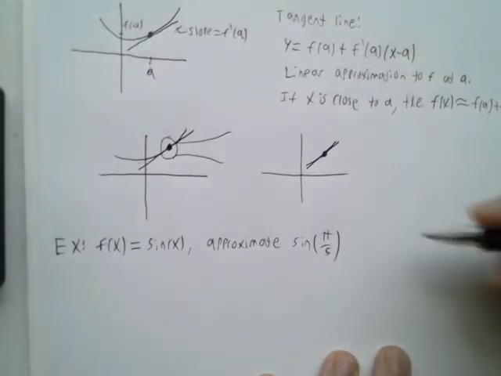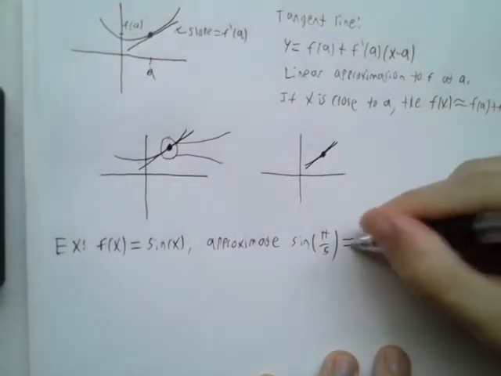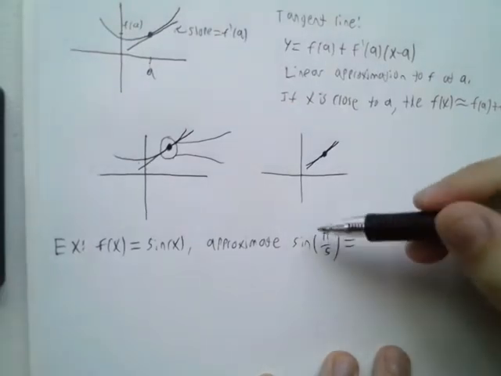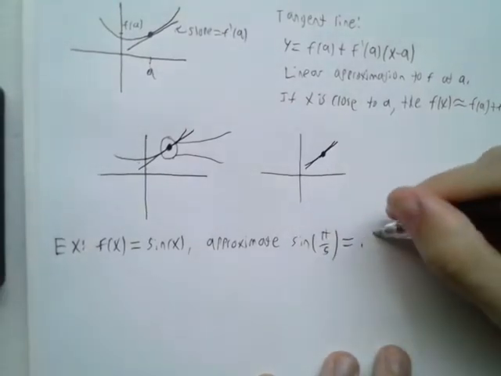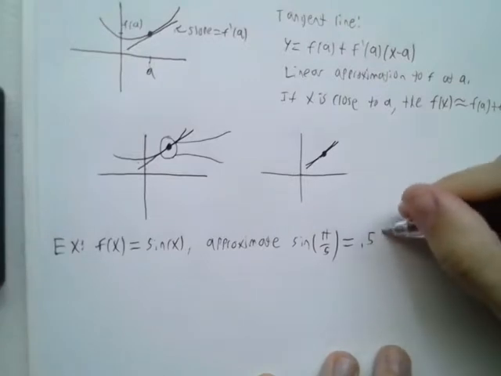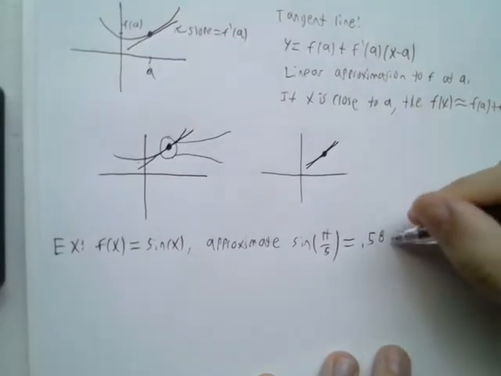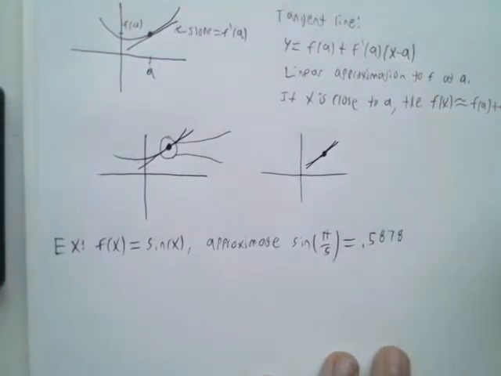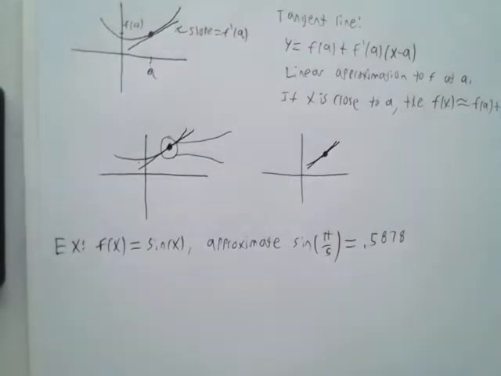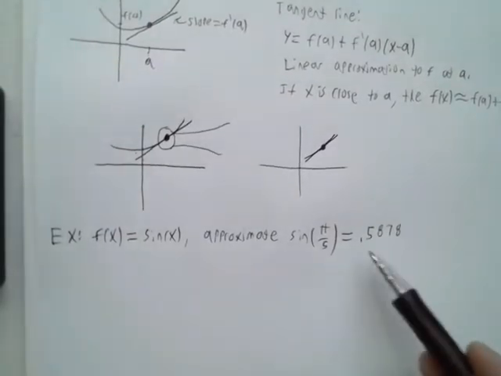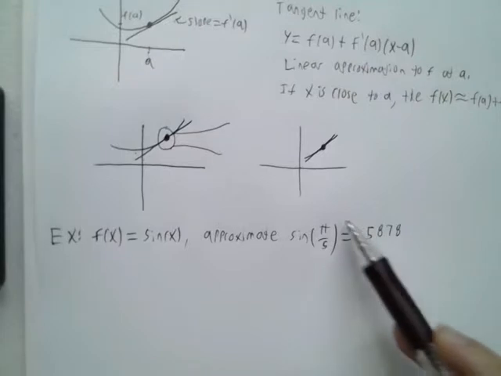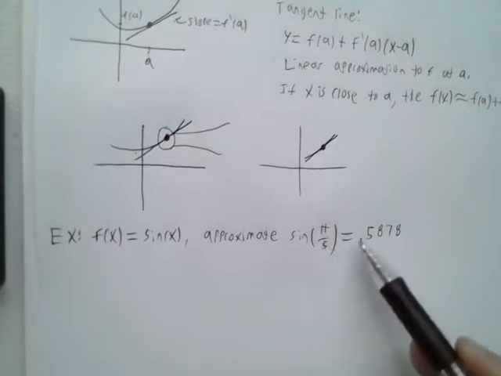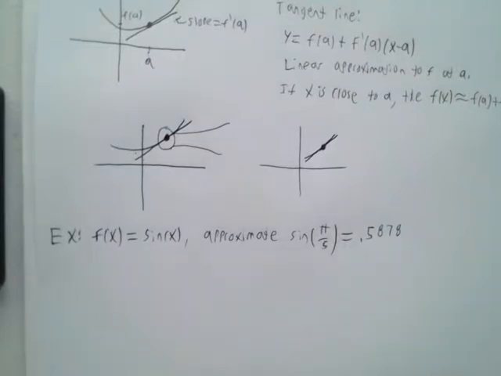Now, if you do have a calculator, you can plug in this value and find that the exact value of sine pi over 5 is 0.5878, roughly. So the question is, can we get an estimate without using our calculator, which is somewhat close to this?